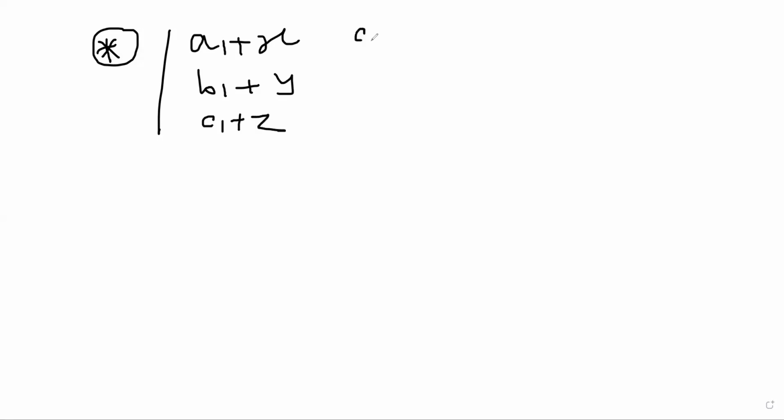And next is, if each element in a row or column of a square matrix is the sum of two terms, then its determinant can be expressed as the sum of two determinants of two square matrices of the same order. Okay, I'm just giving an example for this. The first row is a1 plus x, b1 plus y, c1 plus z, and here a2, b2, c2, then a3, b3, c3.